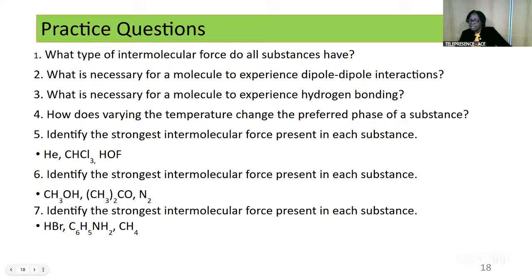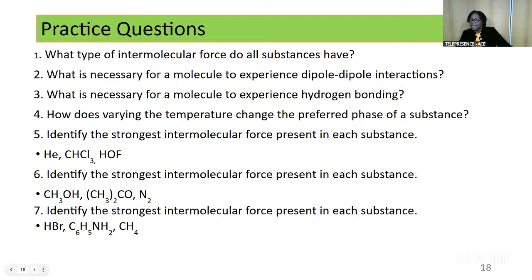Somebody is asking, is dipole-dipole force part of van der Waals forces? I already told you I'm teaching 5 types of forces, and dipole-dipole is just one of them. I told you that dipole-dipole is not a type of van der Waals force.